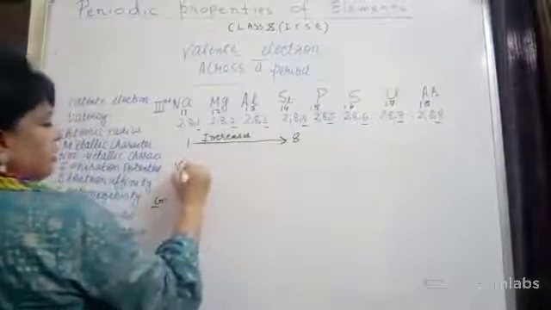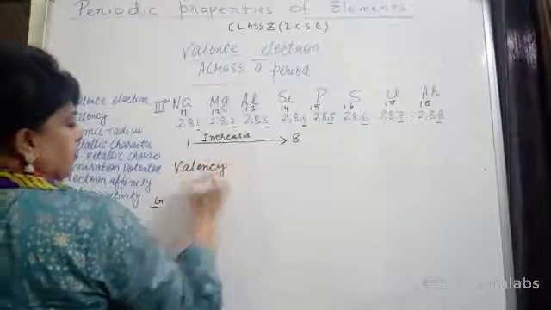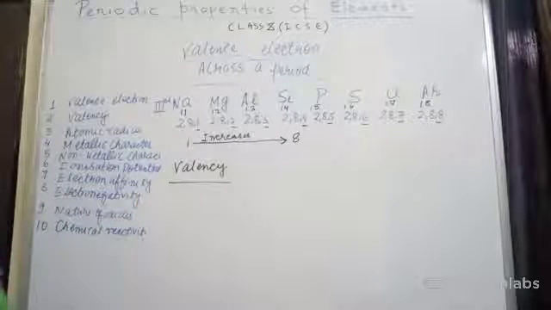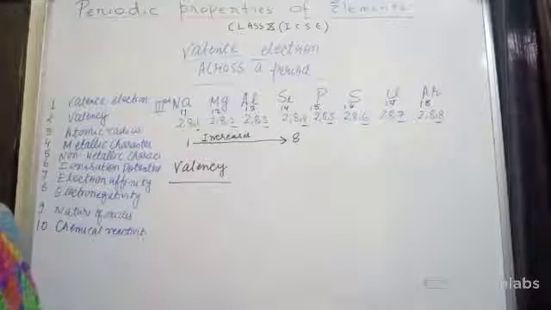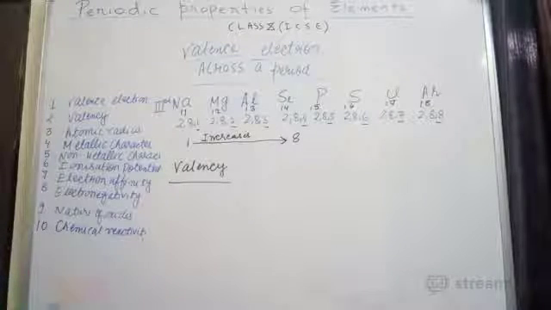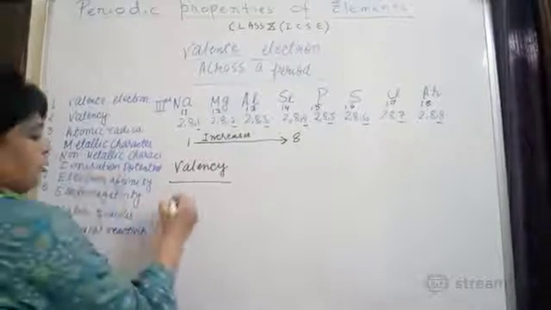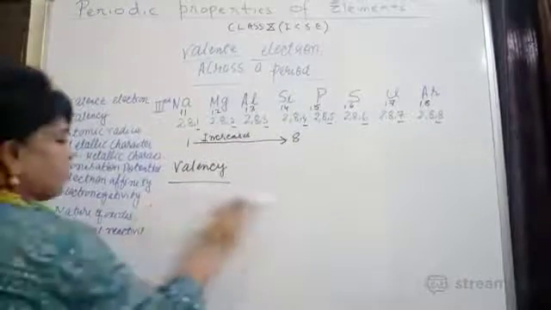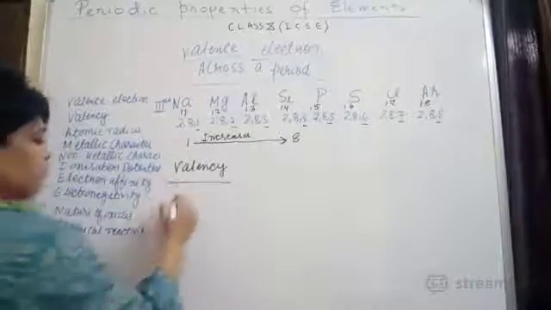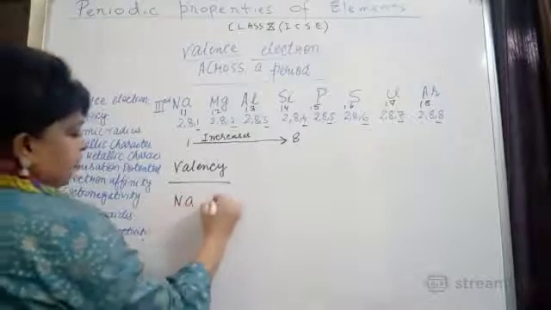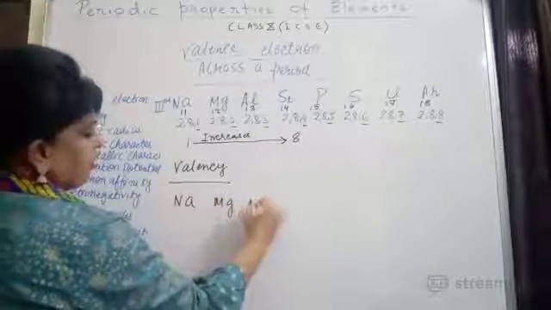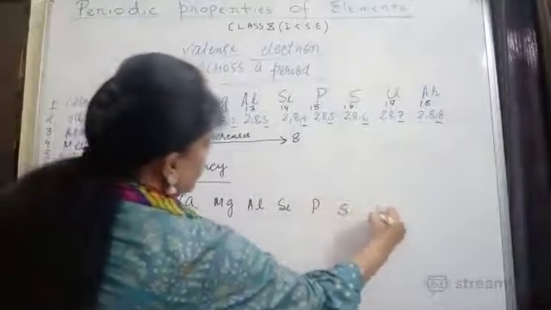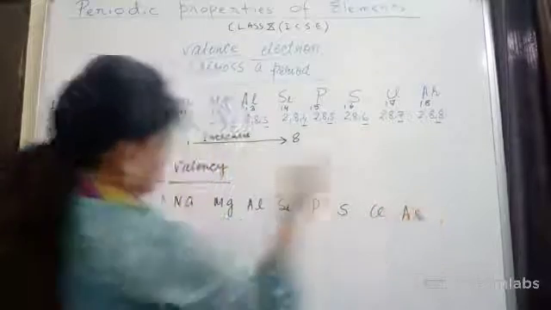Now I told you if the same valence electron is there in the group, the valency also remains the same in a group. So we will take the example of the third period once again: sodium, magnesium, aluminium, silicon, phosphorus, sulfur, chlorine and argon.